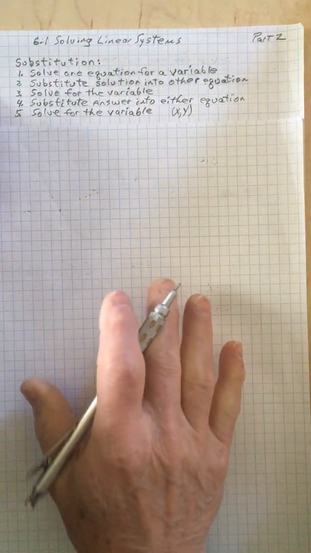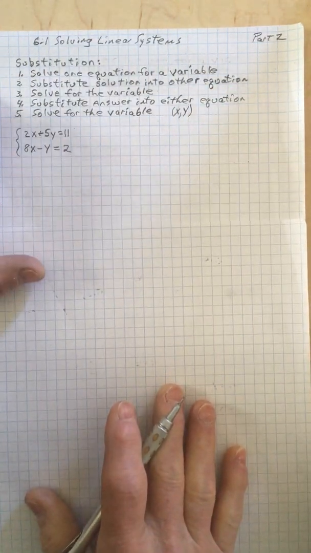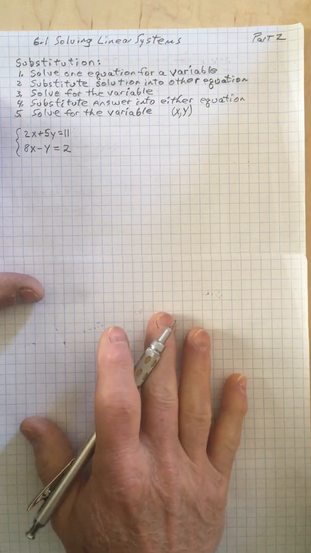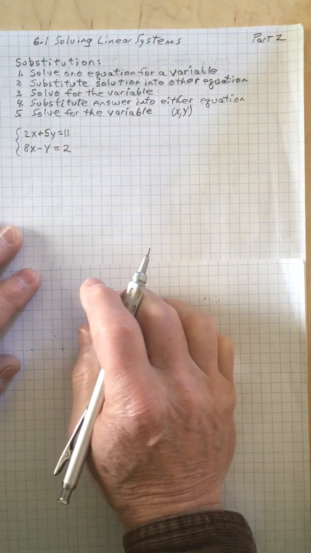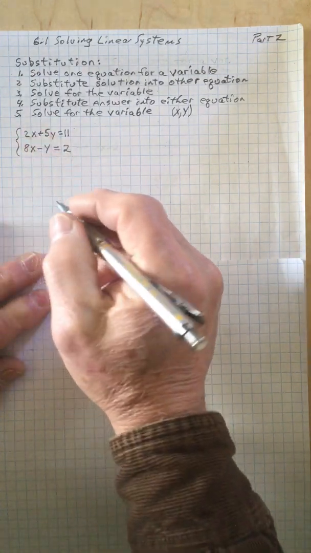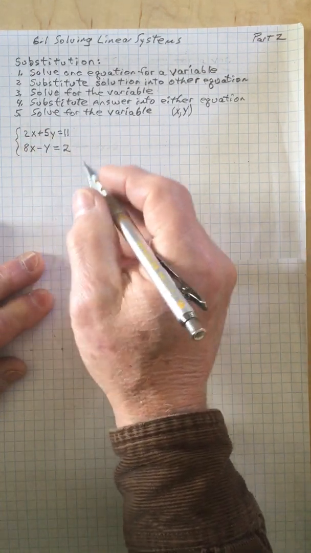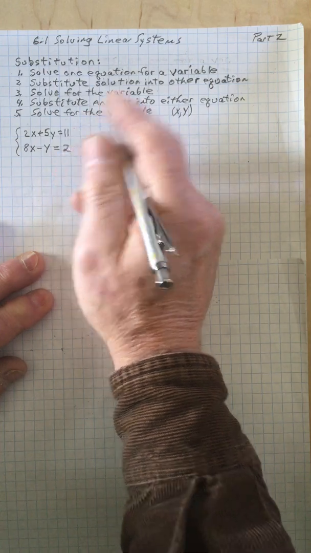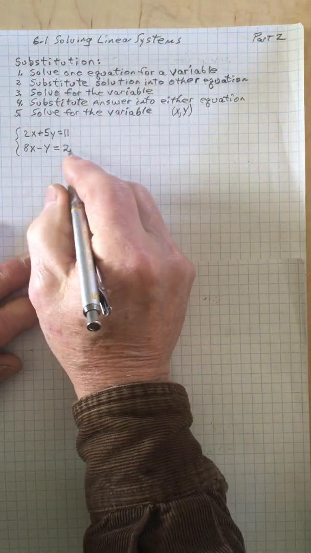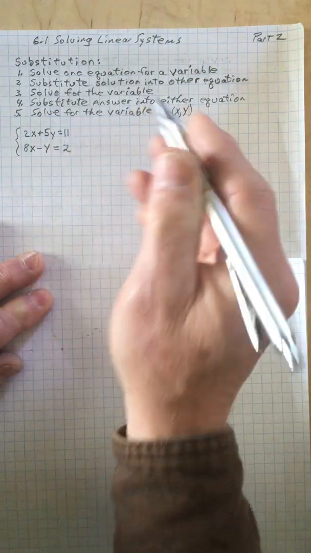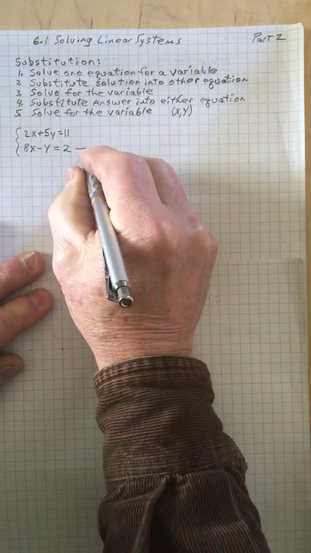Okay, so let's try it. Okay, here we go. Here's a system, two equations, two unknowns. I've got to solve one of these for x or y. It doesn't matter which one, but this one looks the easiest, and that's generally the way you want to go.